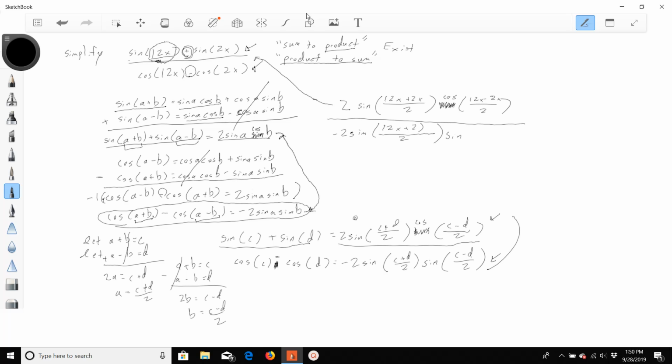Okay, now by my second formula that I've written here, which I know is right now, I'm going to get sine of 12x, and that should have been an x there, 12x minus 2x over 2.